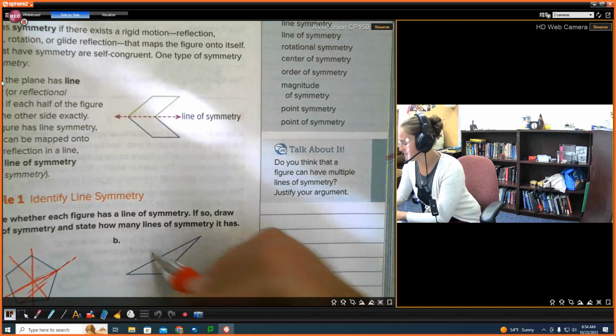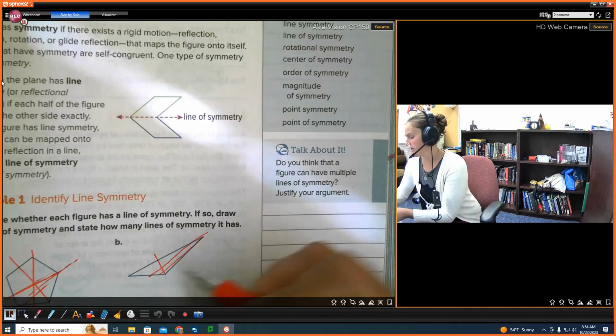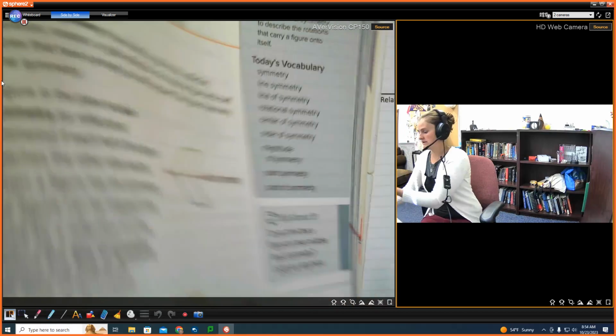Right? It is not symmetric. It is not able to be folded and mapped onto itself. So 0. Exactly.